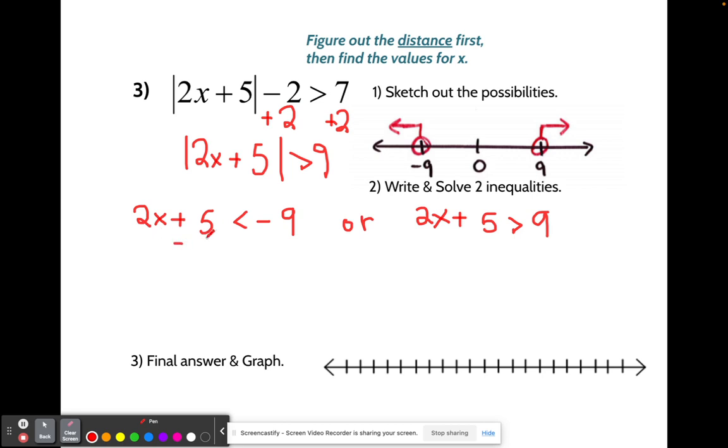Let's subtract 5 from both sides. I get 2x is less than negative 14. Divide by 2.